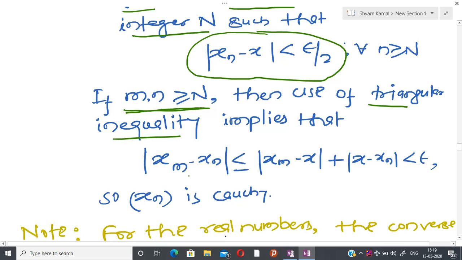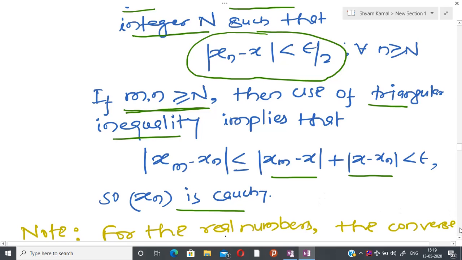By the triangle inequality, finally I have epsilon by 2 plus epsilon by 2, because if the sequence is convergent, then the terms are going to lie inside this ball of radius epsilon by 2. So this is less than epsilon, and in this way I can prove that every convergent sequence is also a Cauchy sequence.